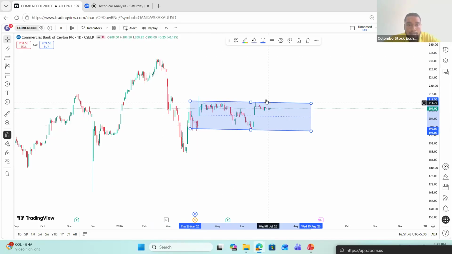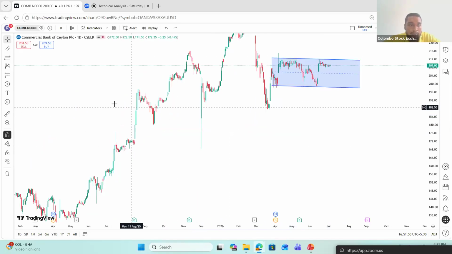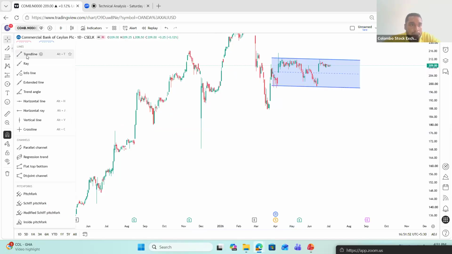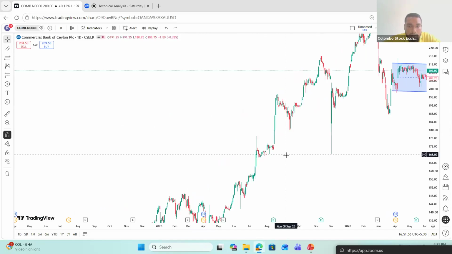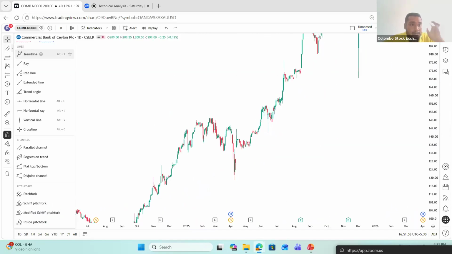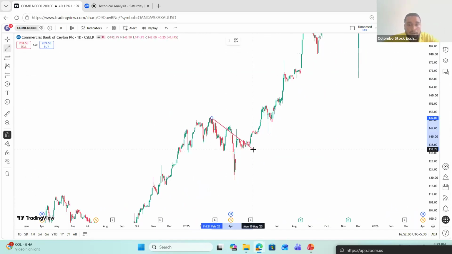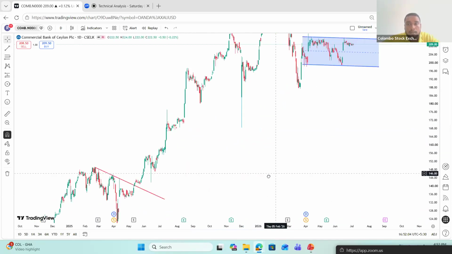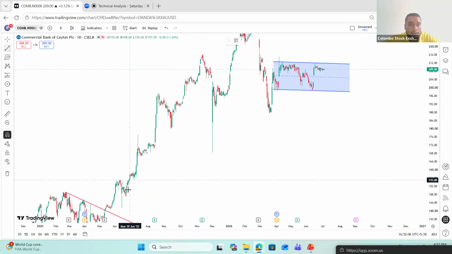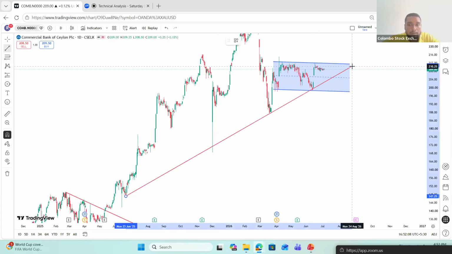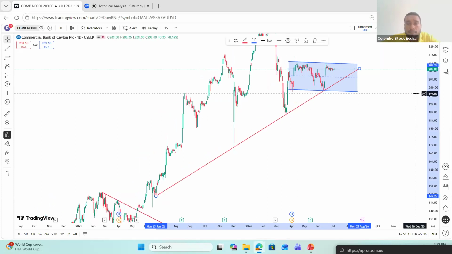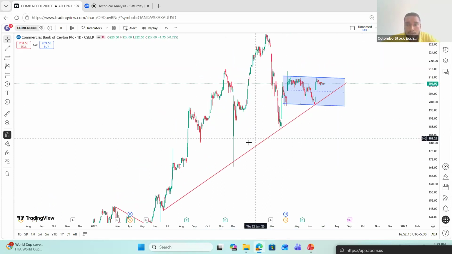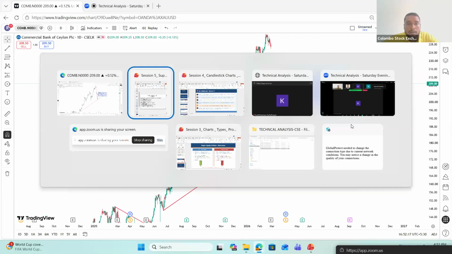Like that, these trend lines. In an uptrend, this can be the support. Then in a downtrend, this can act as a resistance line. This is a support line in an uptrend. So trend lines can act as support and resistance.